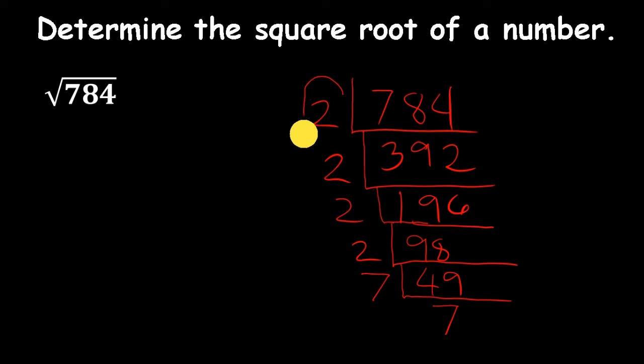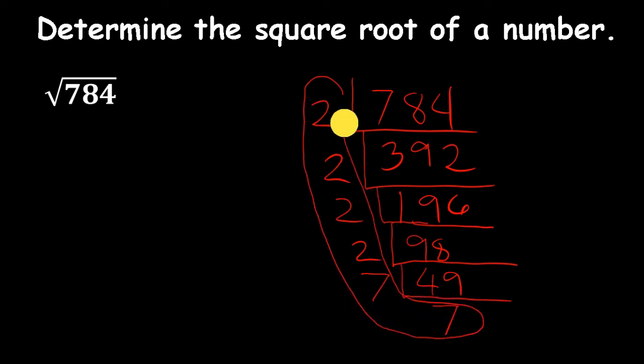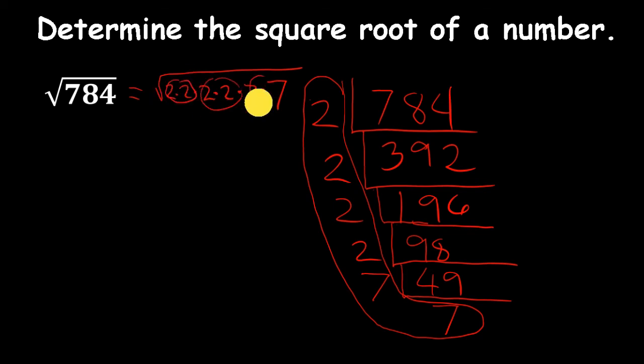So these are the factors of 784, and we'll take that into their house. So 2 times 2 times 2 times 2 times 7 times 7. One pair, another pair, and another pair.